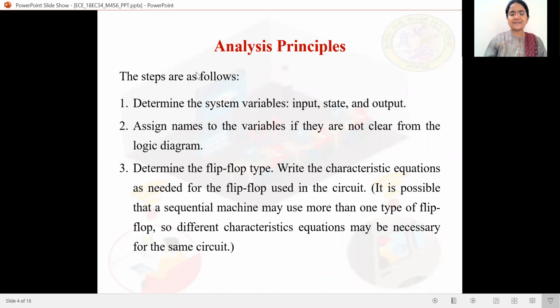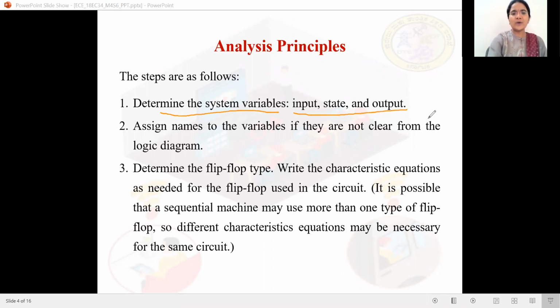These are the steps that we have to follow while analyzing a synchronous sequential circuit. We have a total of 8 steps. First step is to determine the system variables: input, state, and output.